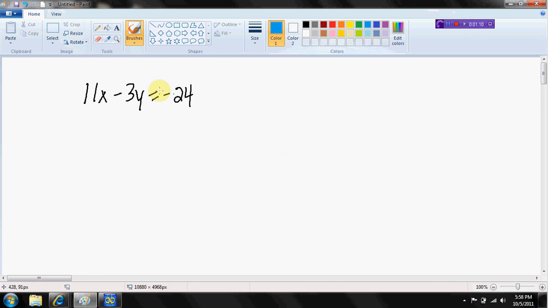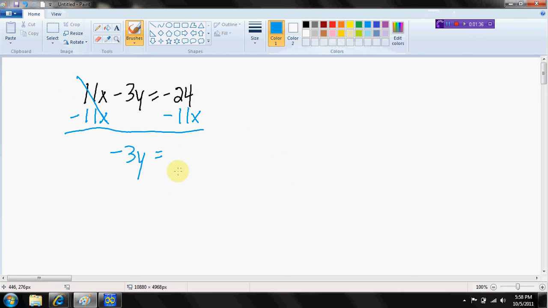Alright, so our first move here is to subtract the 11x from both sides. And we'll see that these 11x's cancel out, which is a good thing, and we're left with negative 3y is equal to, now in this case right here, we can't subtract 11x from negative 24 because the negative 24 doesn't have an x.